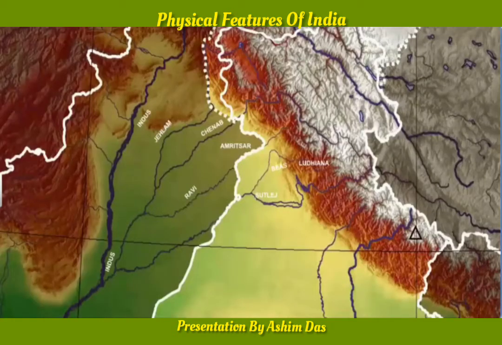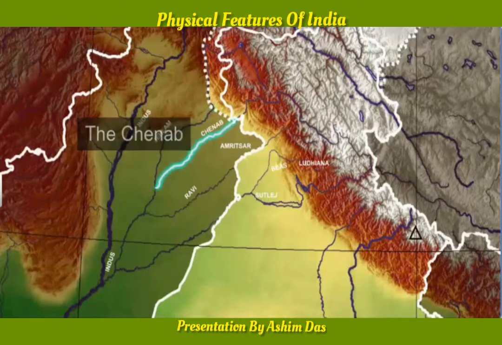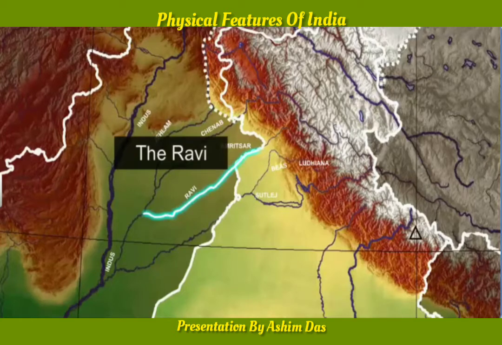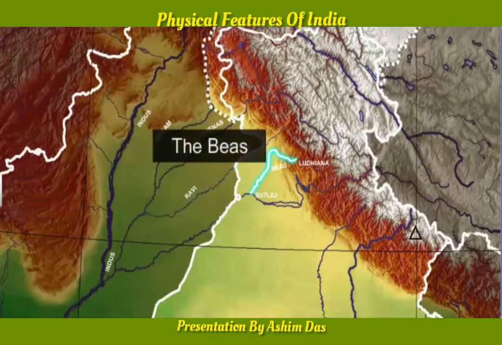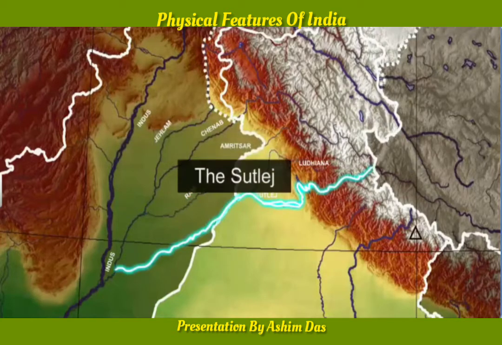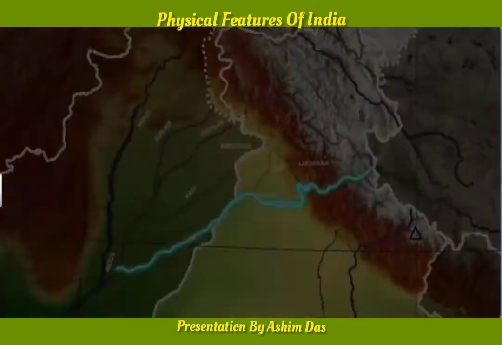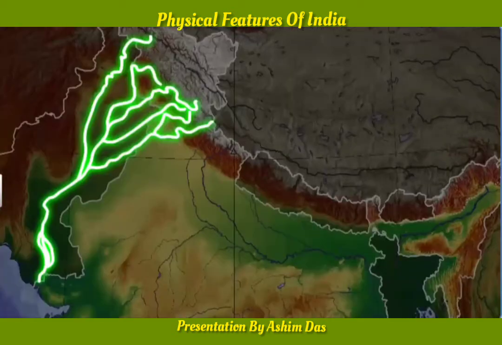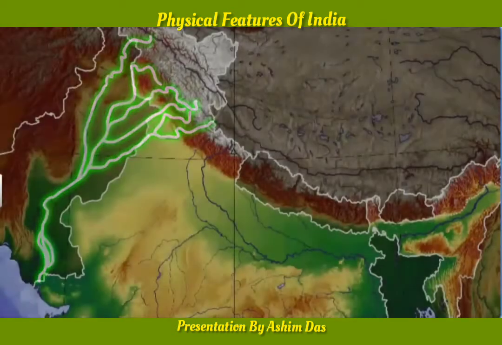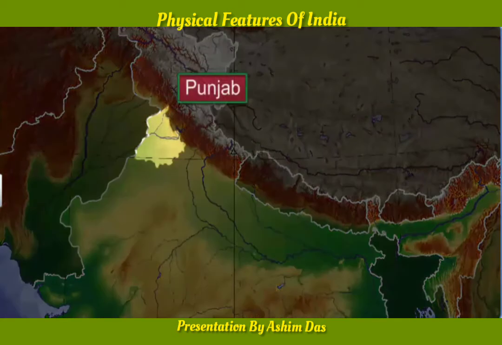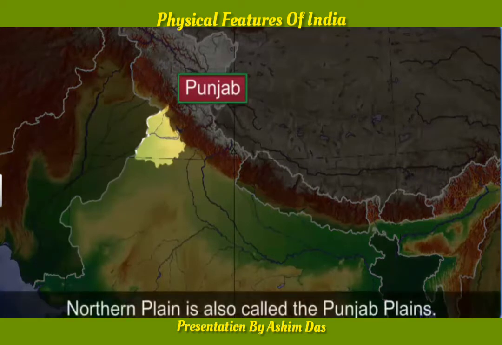The Indus and its tributaries, the Jhelum, the Chenab, the Ravi, the Beas, and the Satluj, originate in the Himalayas. Along these rivers lies the fertile state of Punjab. This part of the northern plain is also called the Punjab Plain.